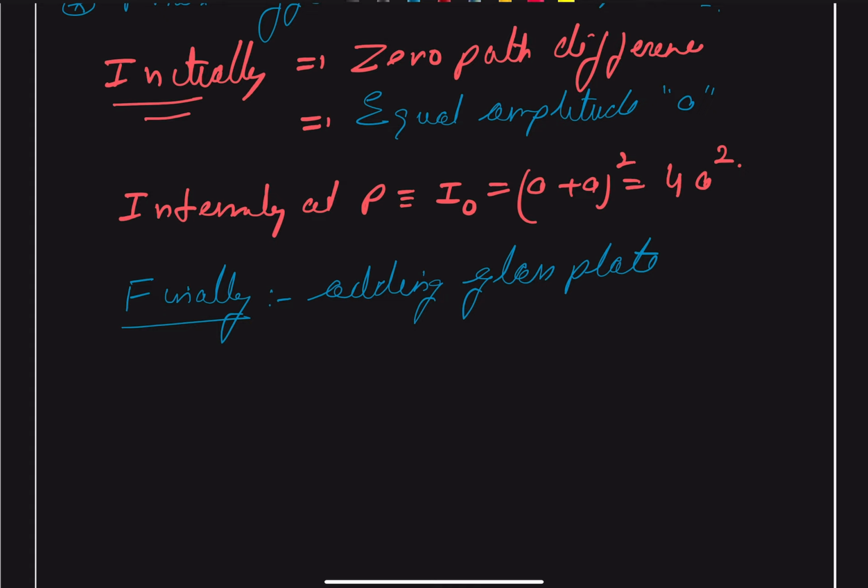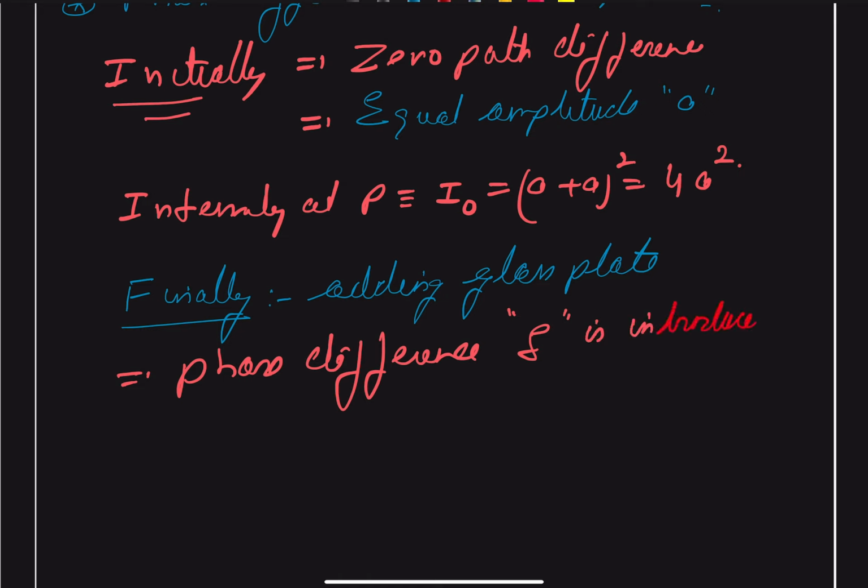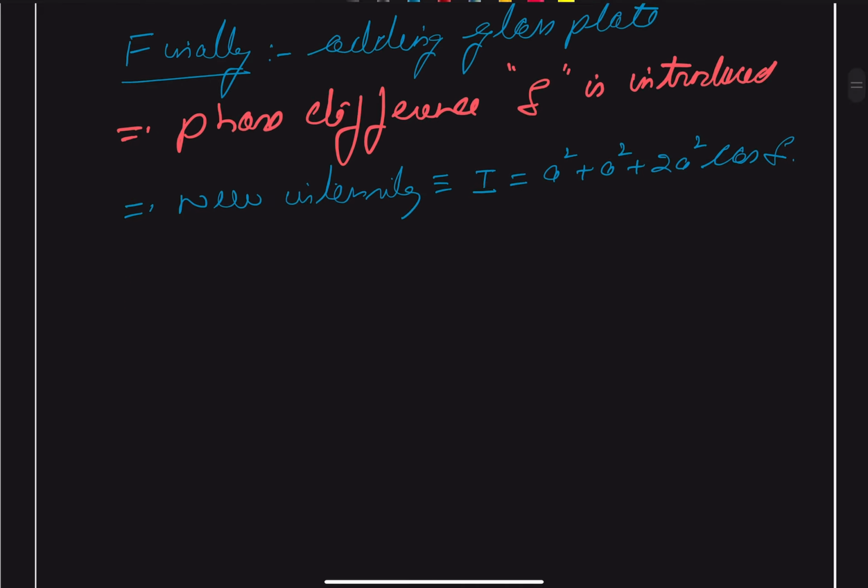Let us suppose that is delta. So the new intensity, let us suppose I, will be equal to A square plus A square plus 2A square cos of delta, and we can write this as I equals 2A square times 1 plus cos of delta.